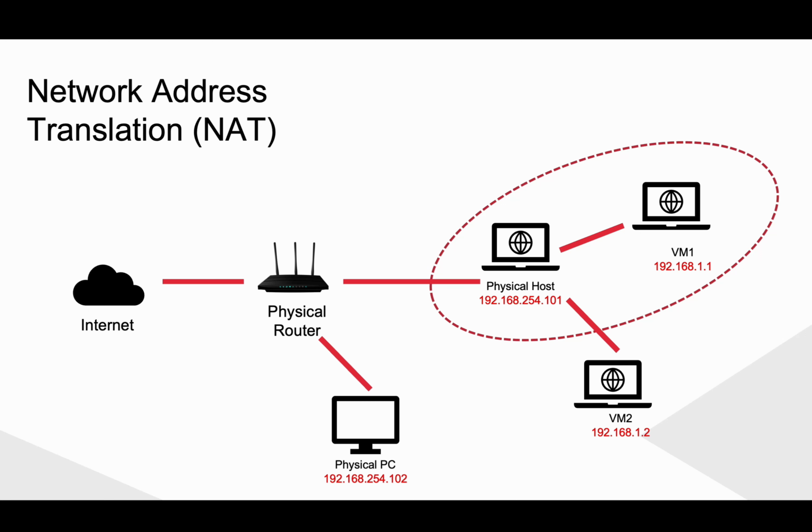This setup makes NAT ideal for general VM usage, safe browsing, and situations where you need internet access without exposing the VM to the network. But NAT has some limitations also. VMs using NAT mode cannot communicate with each other because each VM gets only its own private IP address behind the host.